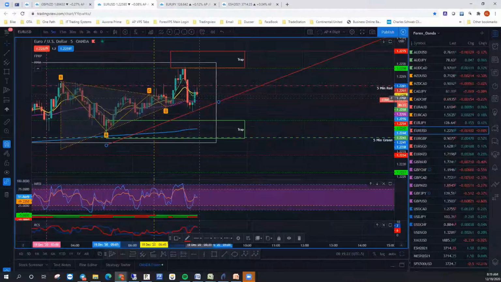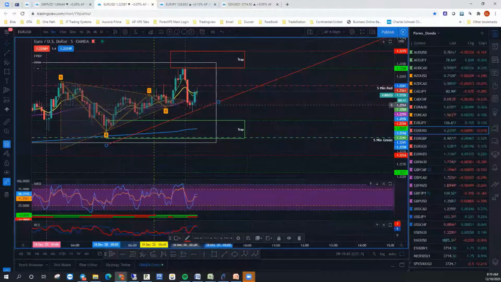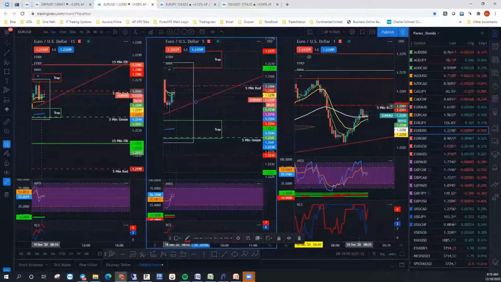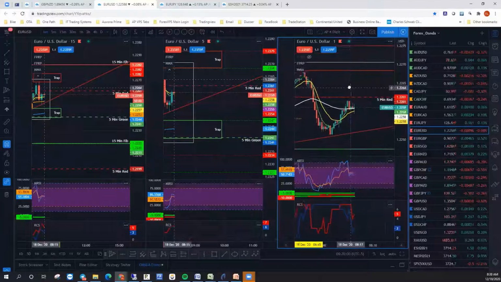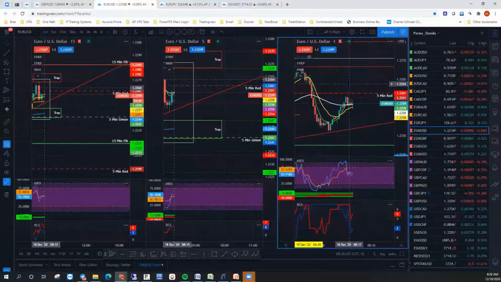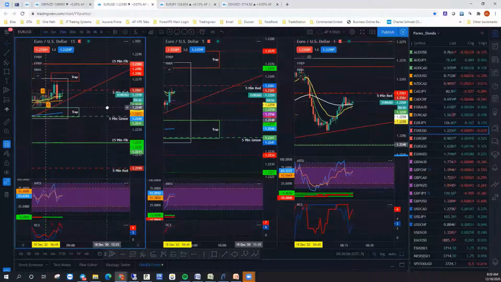Now, if all of these other 3 moving averages can get pointed in the right direction, which at this point they're not, they're still just consolidating, still somewhat respecting the 5 minutes 62. If you go down to your 1 minute chart, you can see it's all consolidating right now too. So it's not ready for a decisive breakout yet.